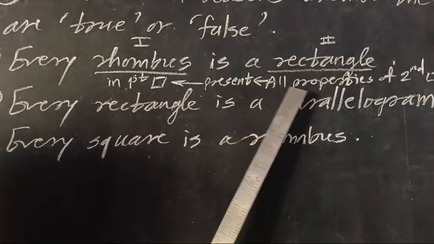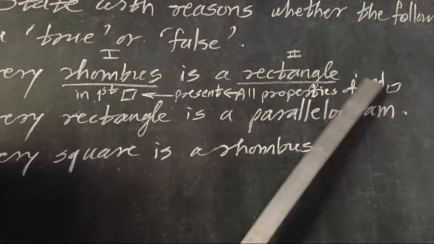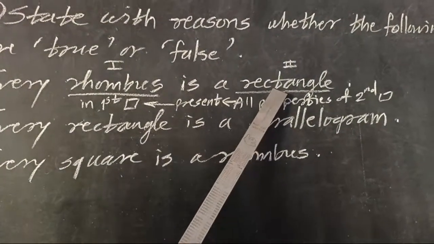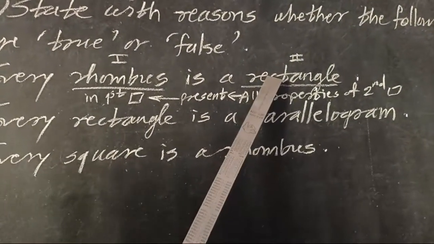All properties of the second quadrilateral, rectangle. Tell the first property of rectangle.